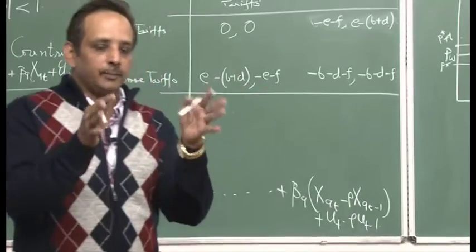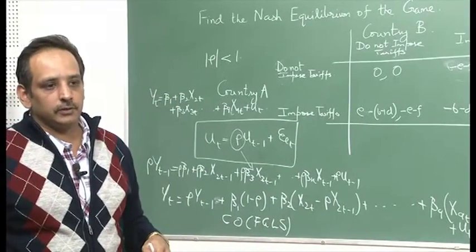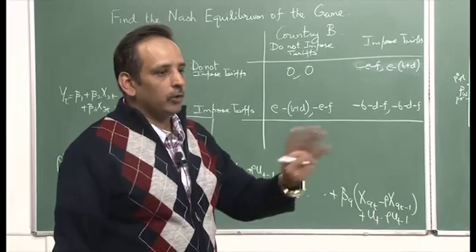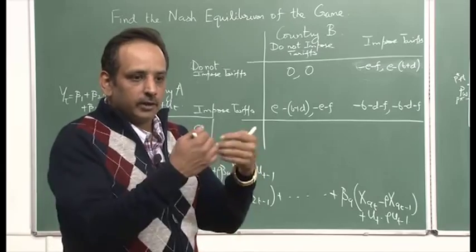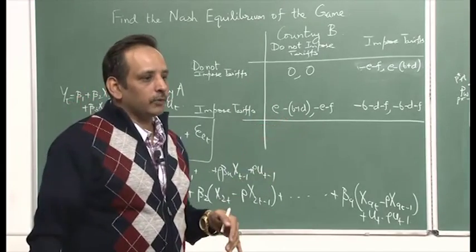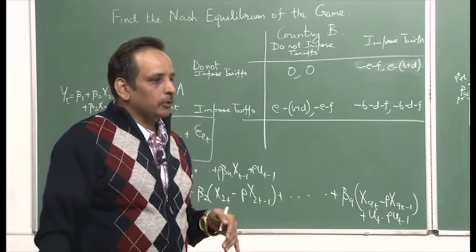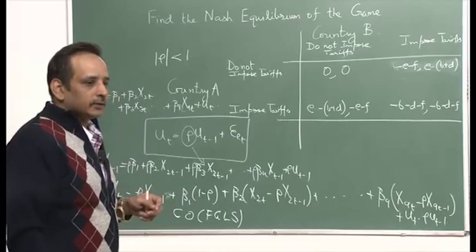You have fewer parameters, but you have more normal equations. So if you apply OLS, you cannot get unique estimates, because the number of unknowns is less than the number of normal equations. So then what you do is you apply nonlinear least squares.